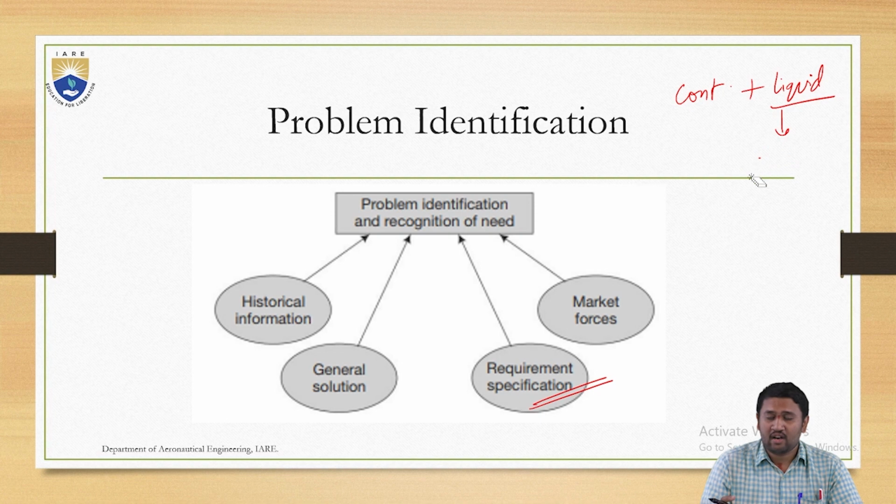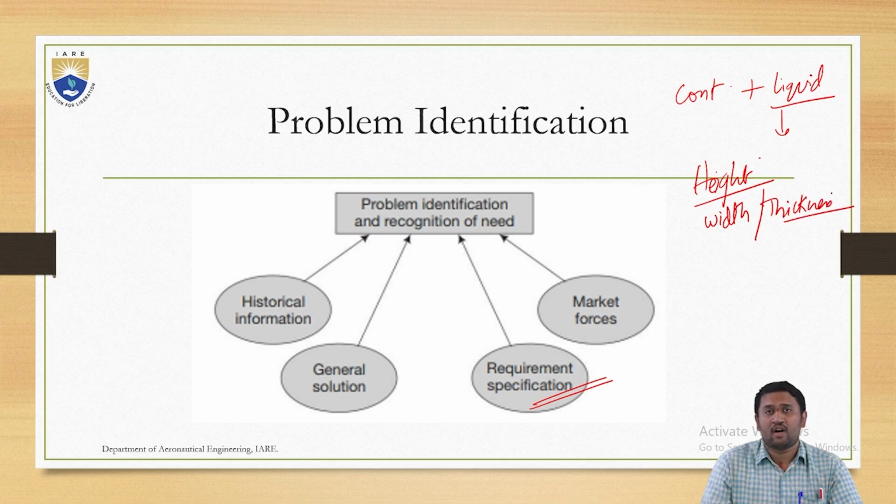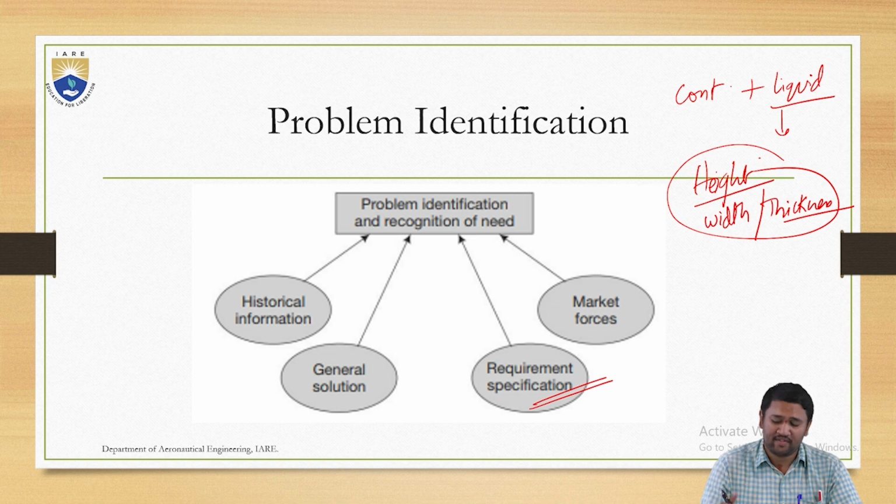Next, along with the volume of the liquid that you want to contain, what is the height of the container that you are planning to have? What is the width or the thickness? All these are your specifications related to your geometric model and to your problem identification.